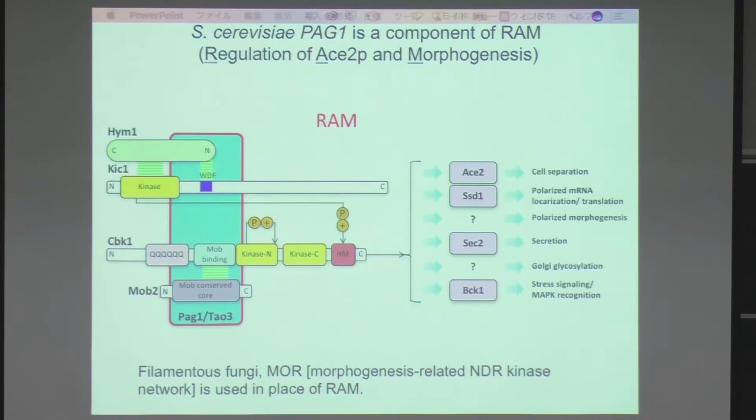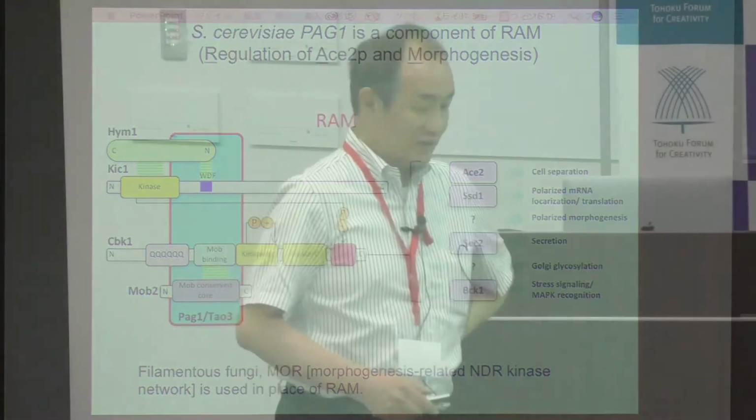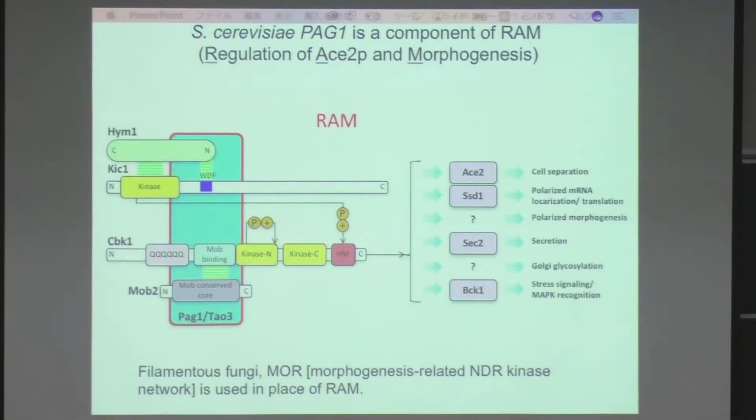And the most important component of RAM is the kinase CBK1. And PAG1 is critical for RAM function as a scaffolding protein. Because Ace2p is not present in C. orbiculare, as in other filamentous fungi, MOR, the morphogenesis related NDR kinase network, is used in place of RAM.